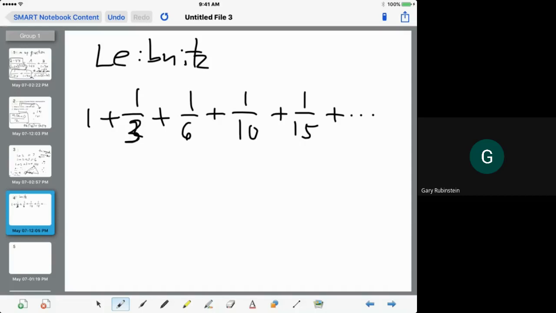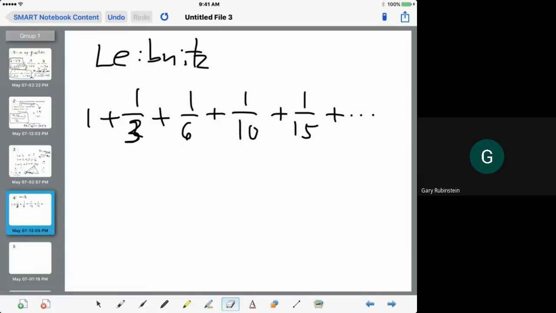Now, this sequence is not a geometric series. We have formulas for geometric series, but this is not one. The first term times 1/3 is 1/3, but 1/3 times 1/3 is not 1/6, it's 1/9. So we can't use the geometric series formula to find this.